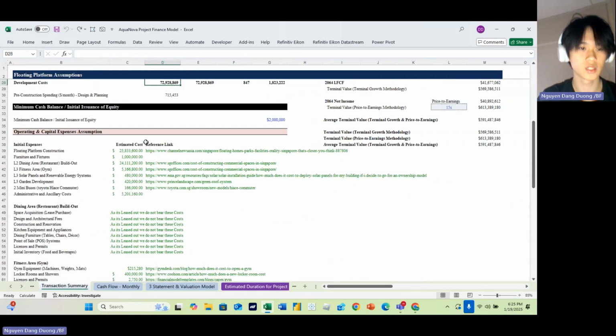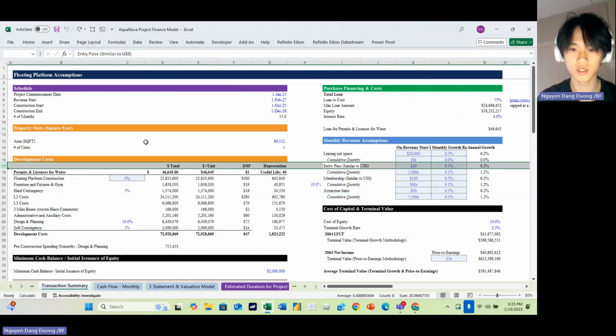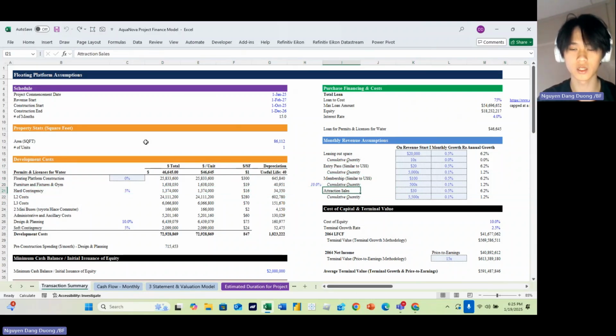So after we have all our assumptions here, we also have our revenue build, where we have 4 lines of business. One is leasing out space, entry pass, memberships, and attraction sales. These 3 are very similar to the Universal Studios model, where you enter there and pay for an entry pass, and when you go inside there, you usually pay for things like food or souvenirs.